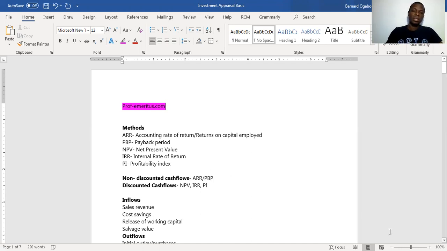As you may have known, investment appraisal is part of capital budgeting.